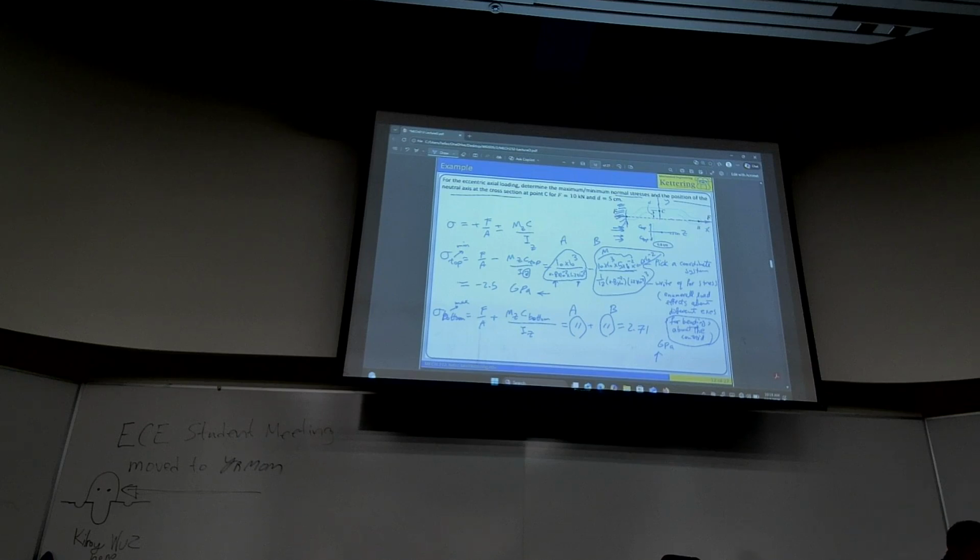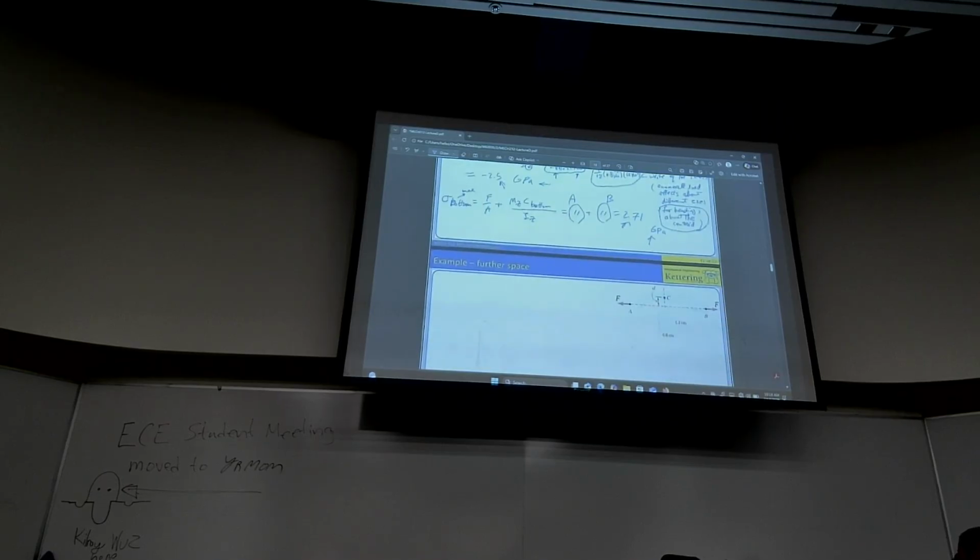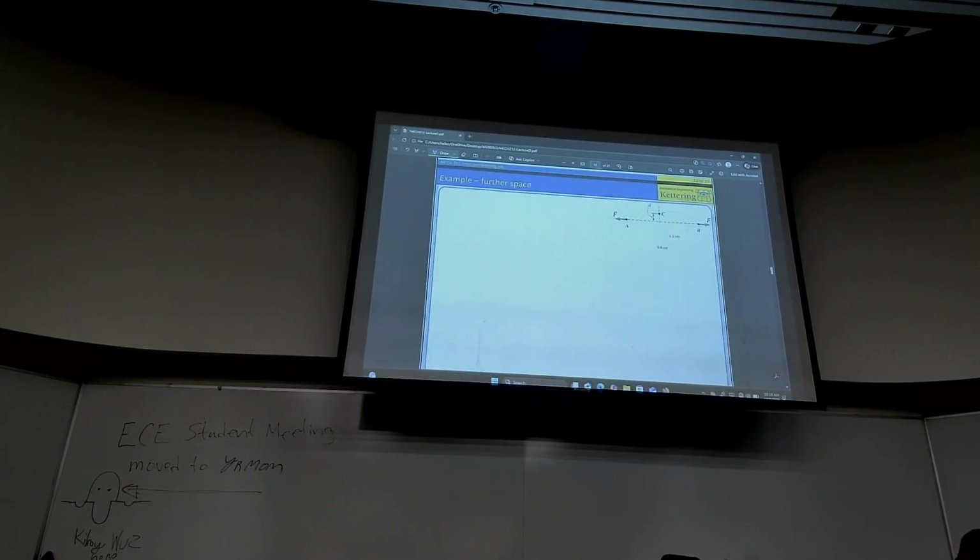We already calculated this stress and this, so let's put these on the cross section. We said that this is basically viewed in this direction, and this is point C. We call this stress profile.